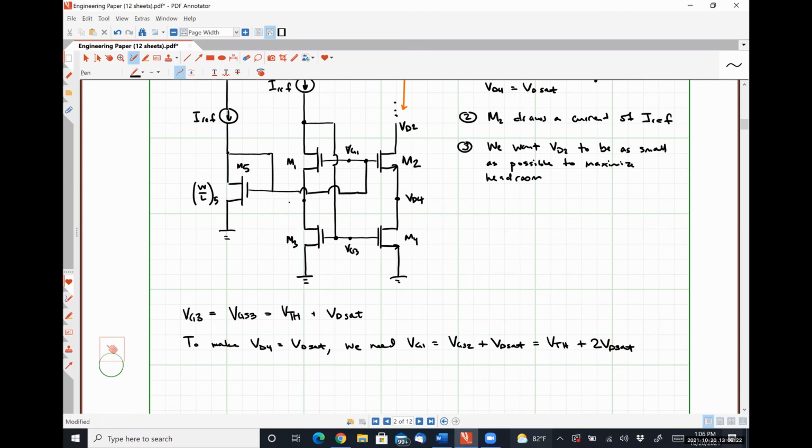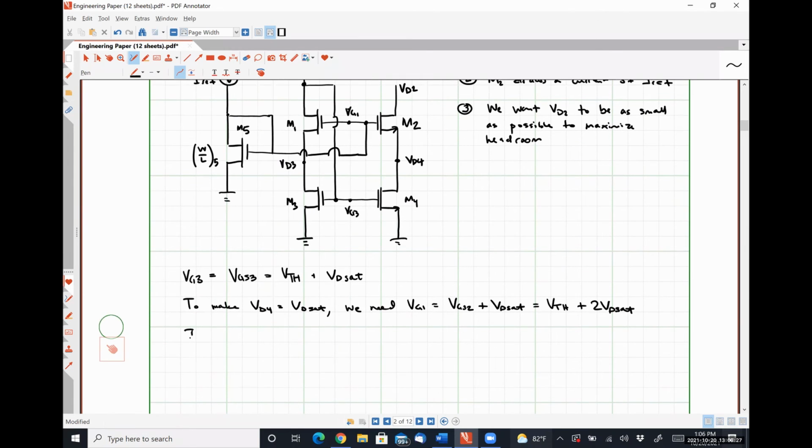So if this occurs, then VD3 will be VG1 minus VGS1, which will be exactly equal to VDSAT.